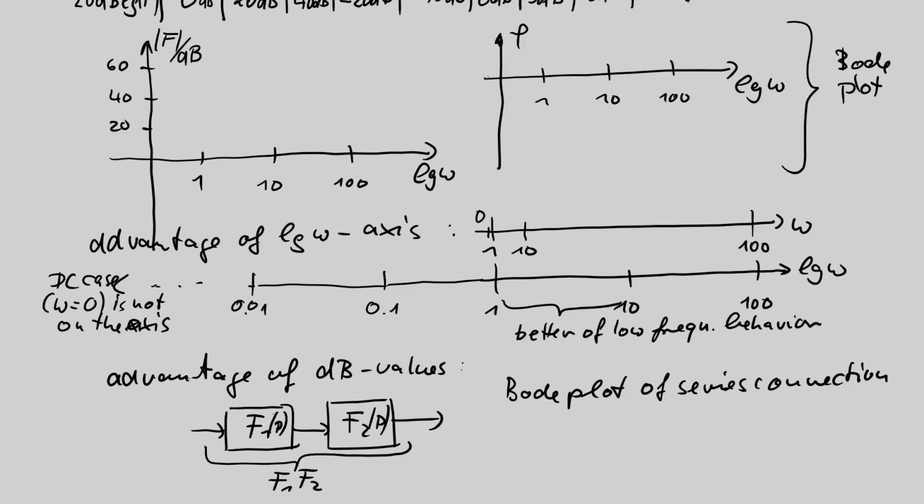In the Bode plot, we know that we have to display the logarithmic value of F1 magnitude times F2 magnitude, and the advantage of logarithmic scaling is that the logarithmic value of a product of two numbers is just the sum of the dB value of filter number 1 plus the dB value of filter number 2. You can add curves.